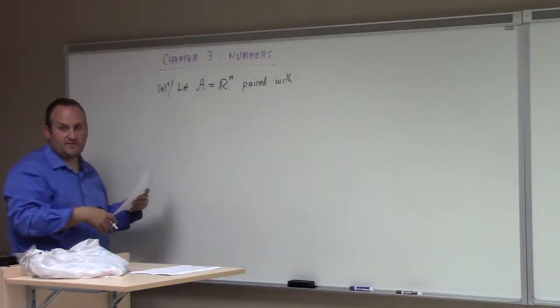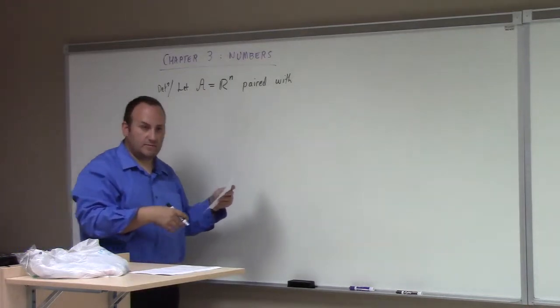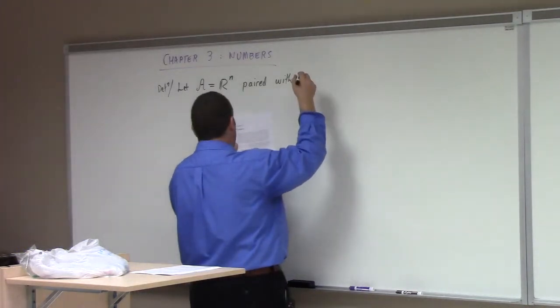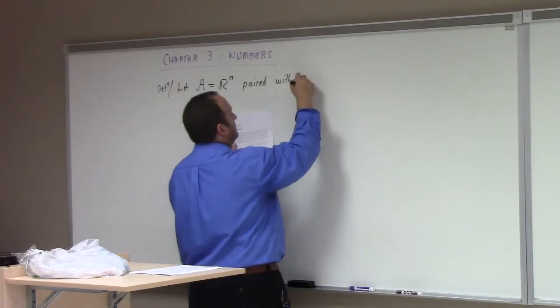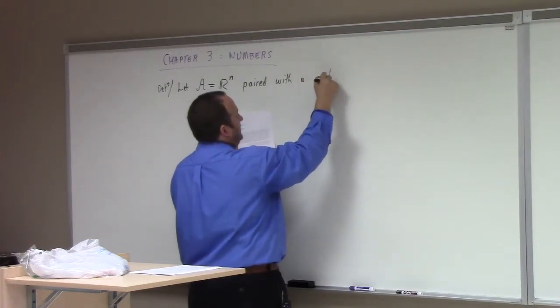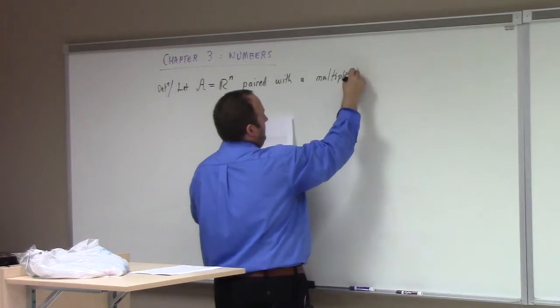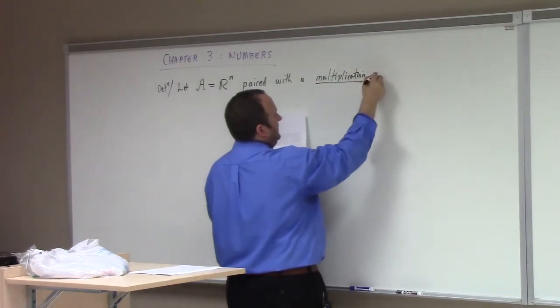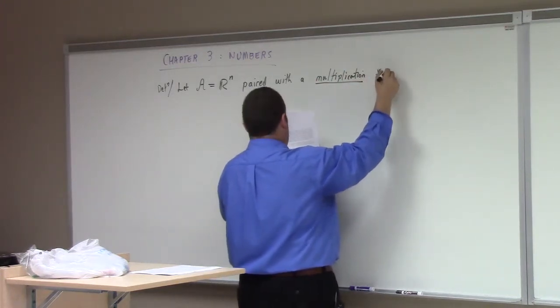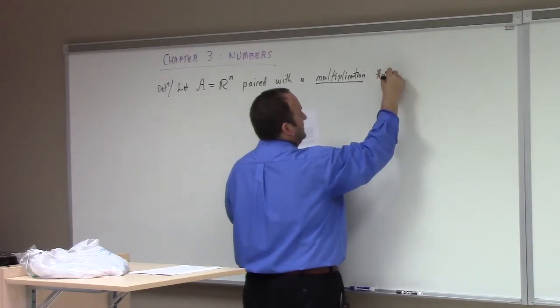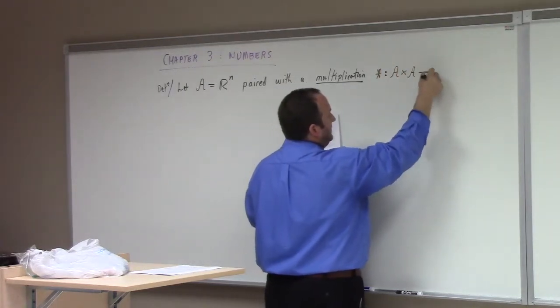You've studied R^2 and R^3 in Calculus 3. But it's R^n paired with a function, let's just say a multiplication. For the sake of this definition, I'm going to use a star just to draw your attention to the novelty, the new thing that's going on here.